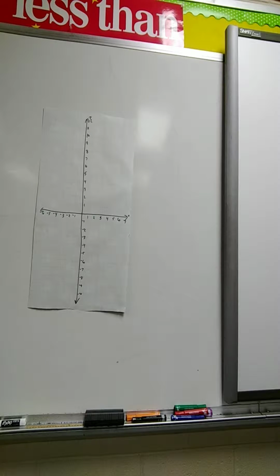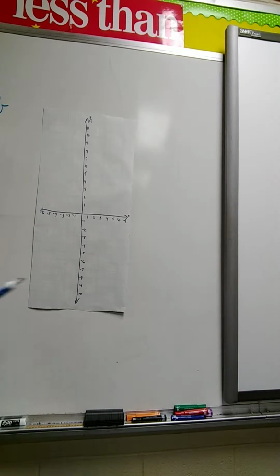Which variable did we use to represent the y-intercept? B, there we go. Y equals mx plus b, that was our slope-intercept form, where our y value is equal to the slope times x plus our y-intercept.